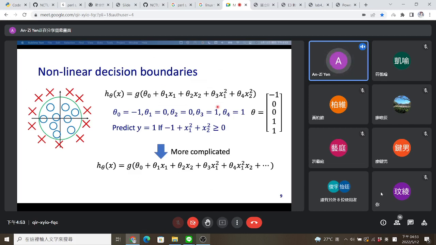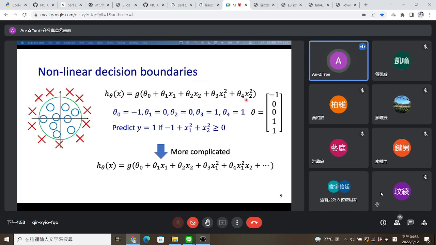So let's say we have the hypothesis look like this, where we add two extra features, so that we have 5 parameters, theta 0 through theta 4.